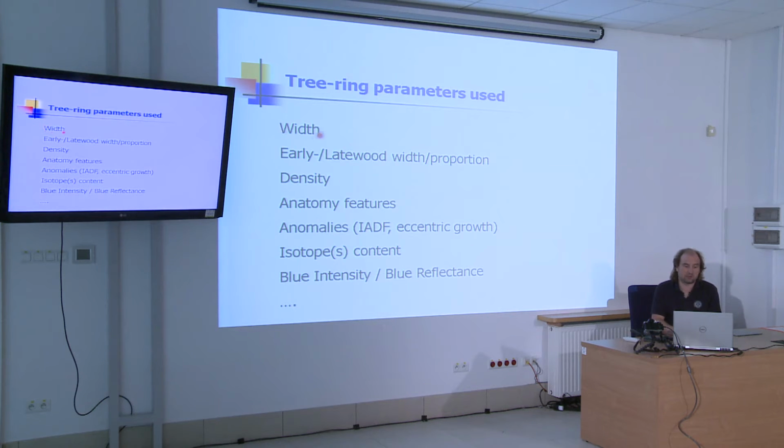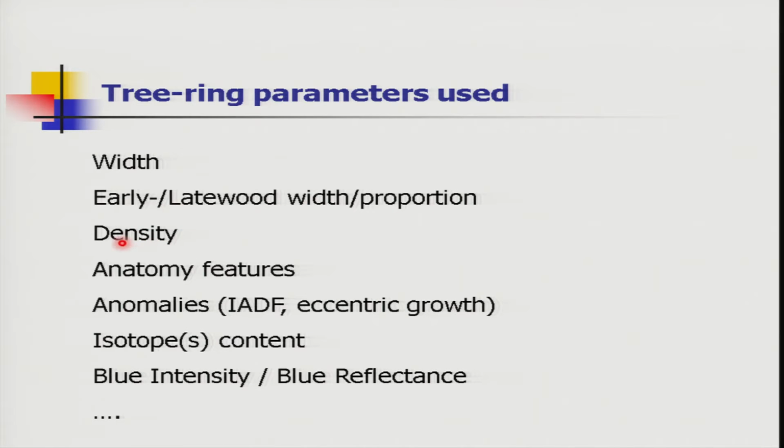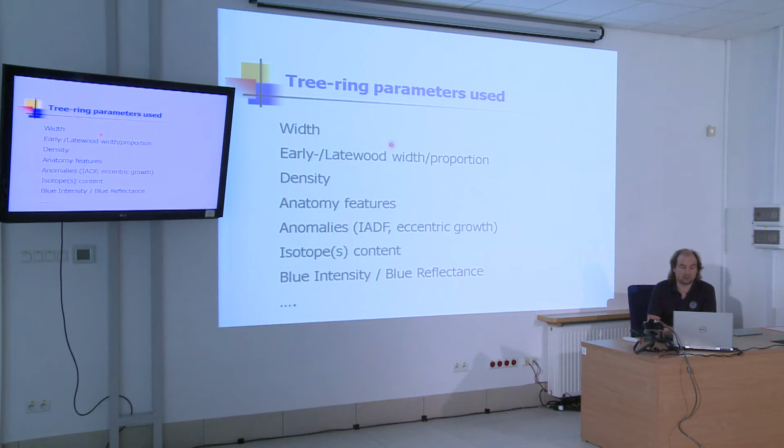The situation started with tree ring width, and later on other new parameters were added to the scope of the research: early and late wood width or proportion, wood density, some anatomy features, also different anomalies like interannual density fluctuations or eccentric growth, and new techniques recently developed that concern the content of various isotopes or identification of the contents of blue light in the reflectance of the image of a structure of the tree ring surface.